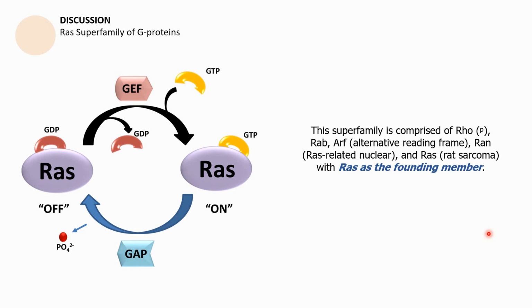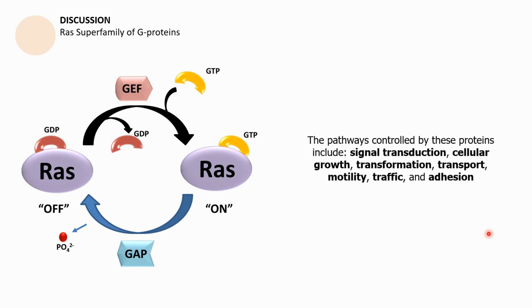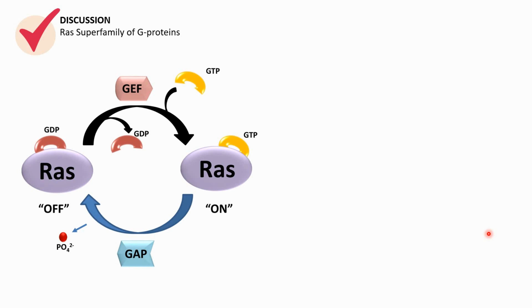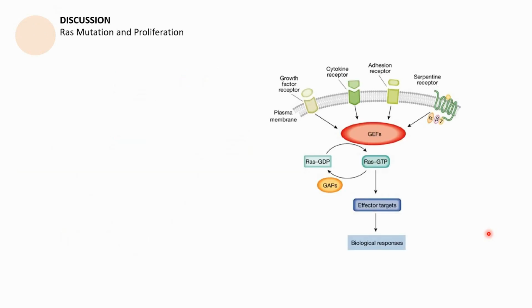So, again, remember, they're only binding with guanine. Okay, so the pathways controlled by these proteins include a variety of pathways such as signal transduction, cellular growth, transformation, transport, motility, traffic, and adhesion. Okay, so that's it for the RAS superfamily of G proteins.